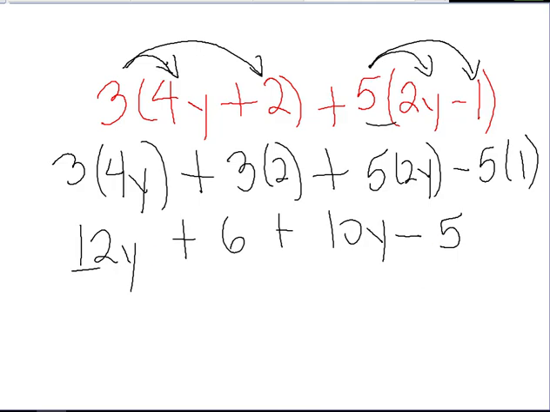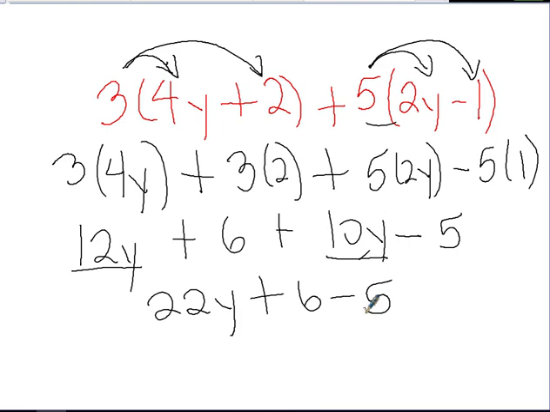I look, I see 12y and 10y, both end in y. They have the same last name. I'm going to combine those first. So 12y plus 10y would just be 22y. I'm going to bring down the plus 6 and the minus 5.